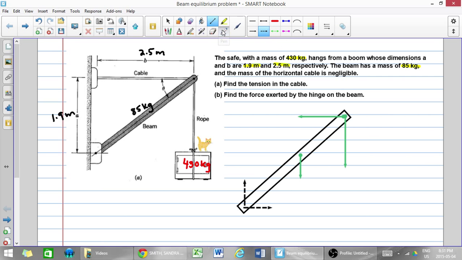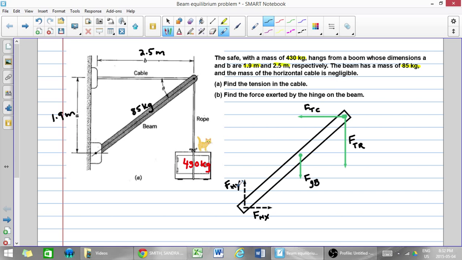So let's just label those. There's the force of the hinge in the x direction, the force of the hinge in the y direction, the force of gravity on the beam, that's going to be the force of tension in the rope and the force of tension in the cable.